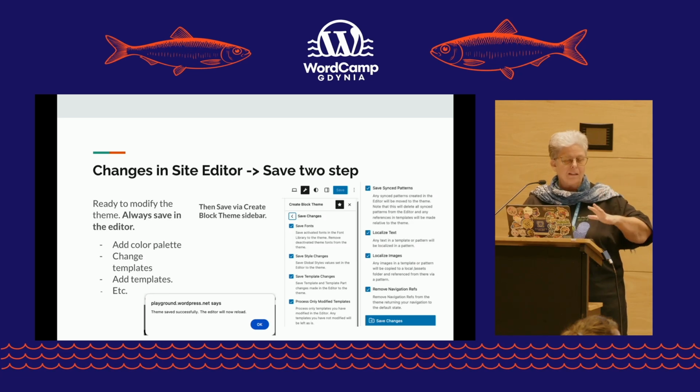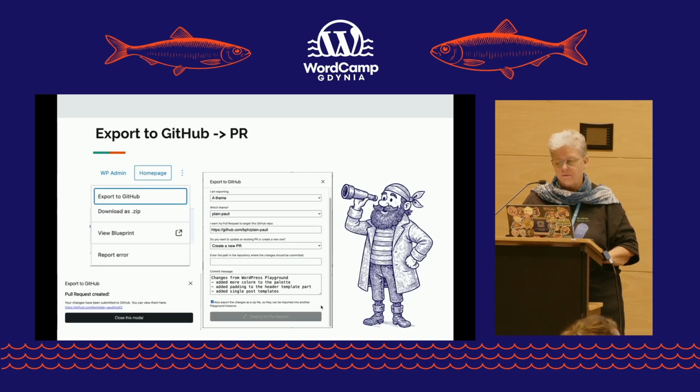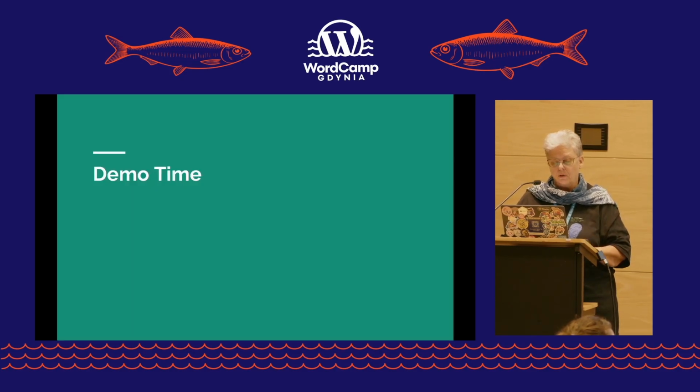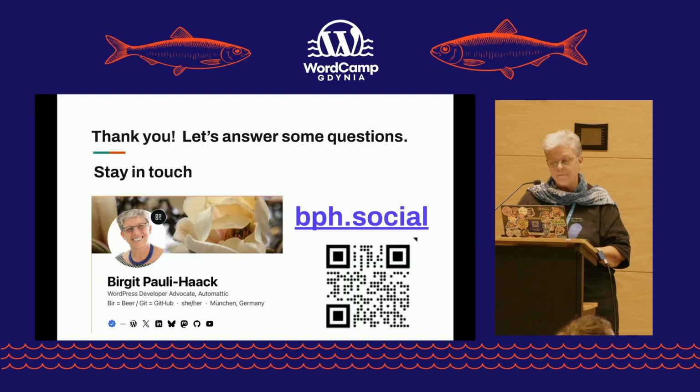Patterns have their own import-export method in WordPress, and it hasn't been added to the Create Block Theme plugin yet, but that's in the works, I have found. And then we make the changes, and then we export it in the PR to GitHub. And we saw the PR there. So demo time, we did it.